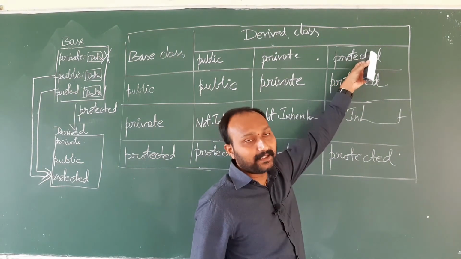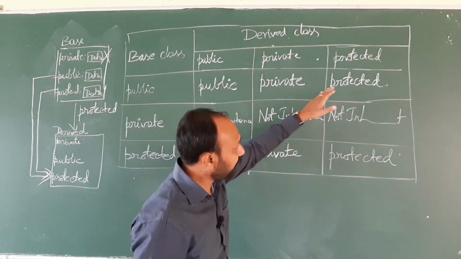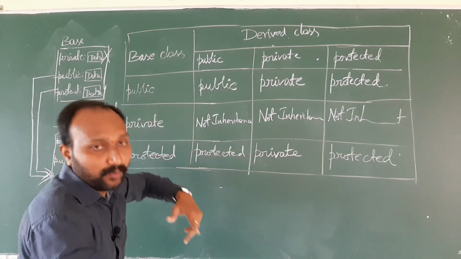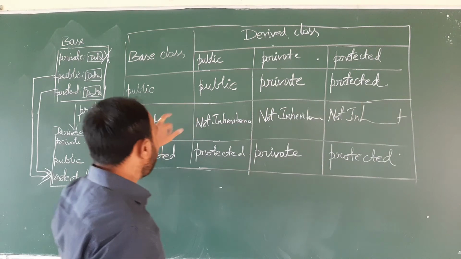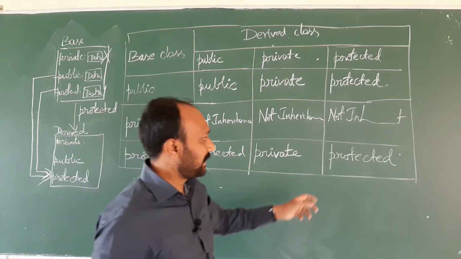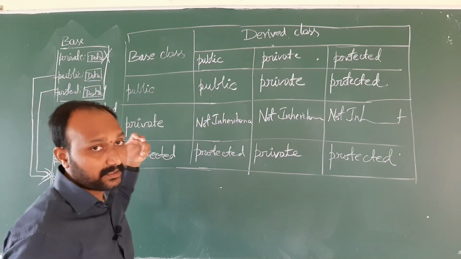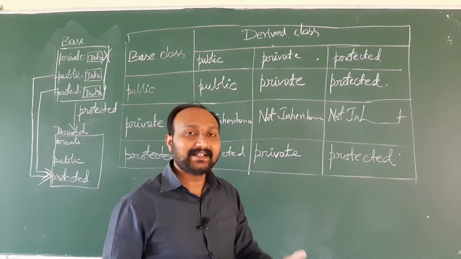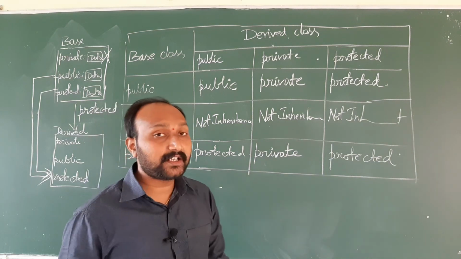If we go with protected inheritance, then public members of the base class will convert to protected members of the derived class. Private members of the base class cannot be inherited. At last, protected members of the base class will settle down as protected members of the derived class.